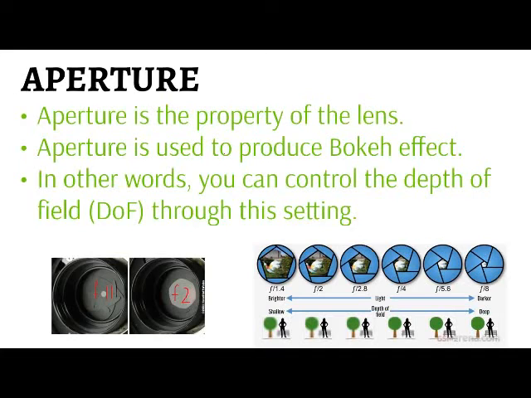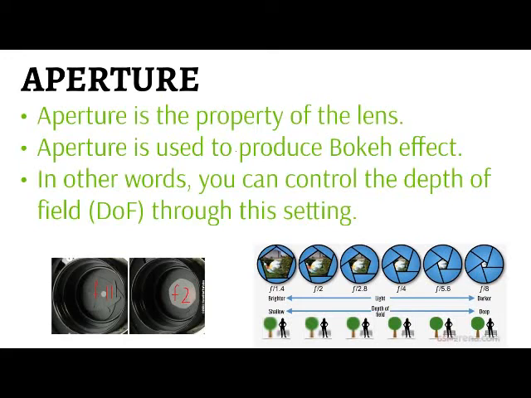ISO is something we do not recommend to go beyond maybe 400 or 800, except during the night, because once you add ISO, it will have some adverse effects as well. So what I recommend generally when you're taking a picture of a landscape, you should use a tripod or some other rest so that you can play with the shutter speed.